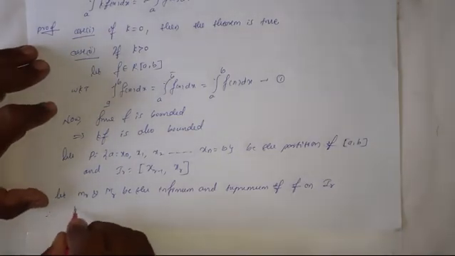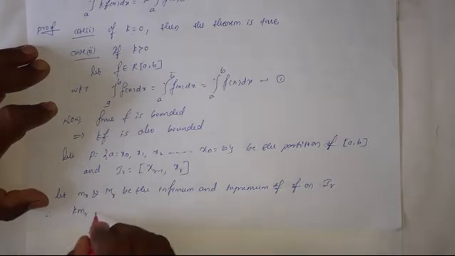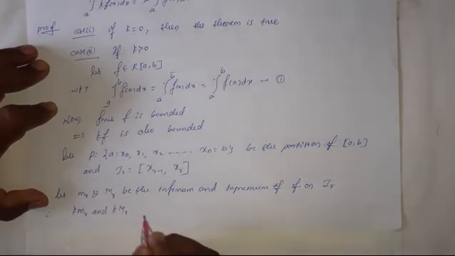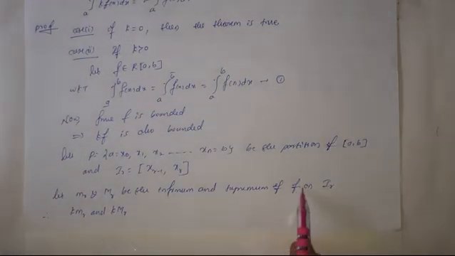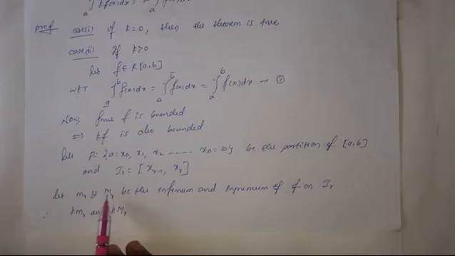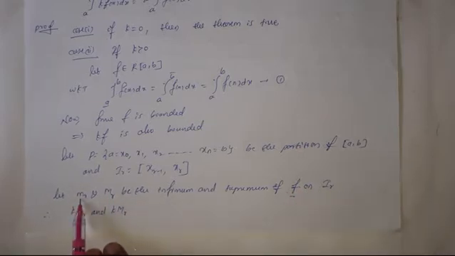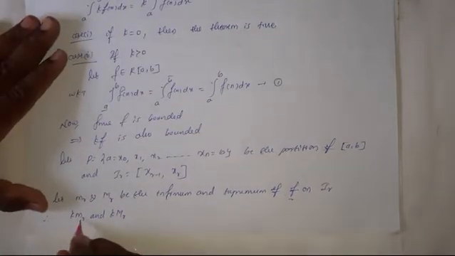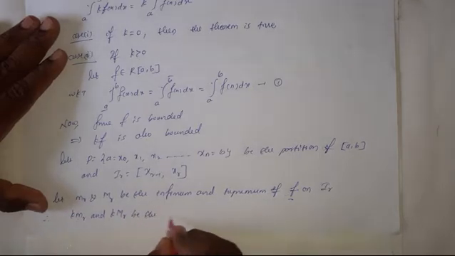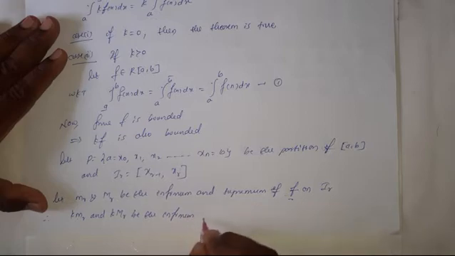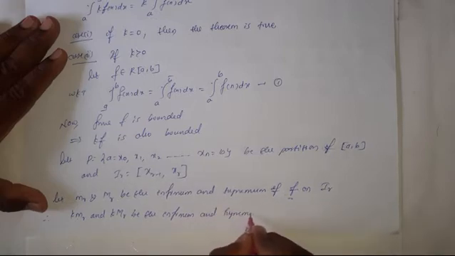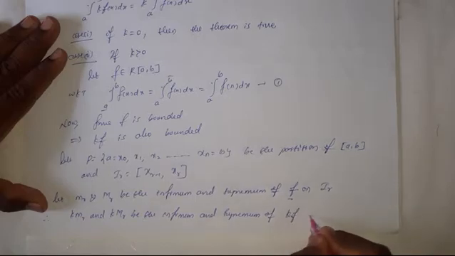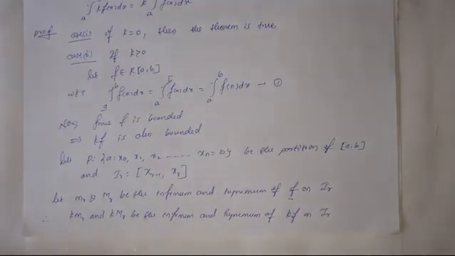So therefore, we can write k into mr and k into capital Mr. Since mr and capital Mr are the infimum and supremum of the function f, if you multiply the function by k, then the infimum and supremum become k into mr and k into capital Mr. So therefore, k mr and k capital Mr are the infimum and supremum of k into f on the rth subinterval.